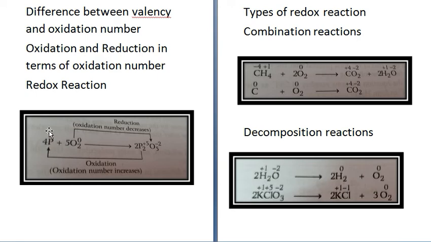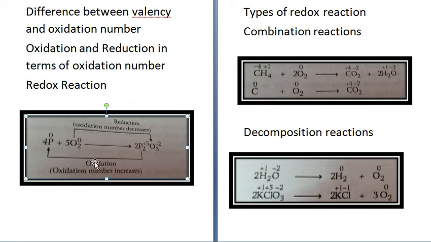Next we come to redox reaction, a reaction in which a change in oxidation number of interacting species is taking place. That is called a redox reaction. Let us take an example. 4P plus 5O2 is giving you 2P2O5.